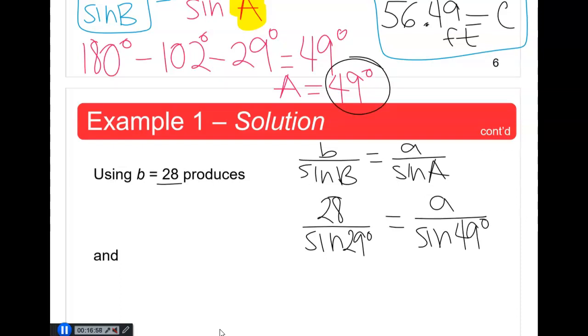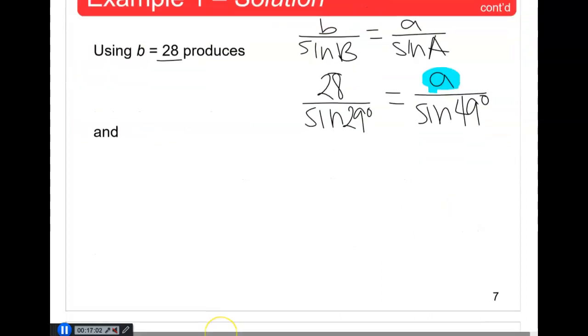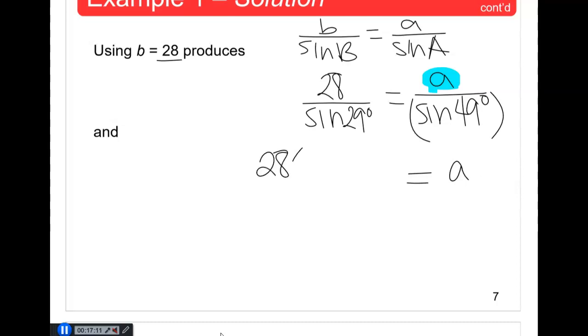So just like we solved the other question, or for the other side, we are going to solve for A here on the equation. So you can see that sine of 49 is dividing to A. So we're going to have 28 times sine of 49 and divided by sine of 29.